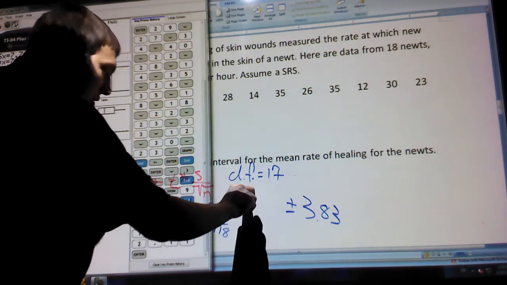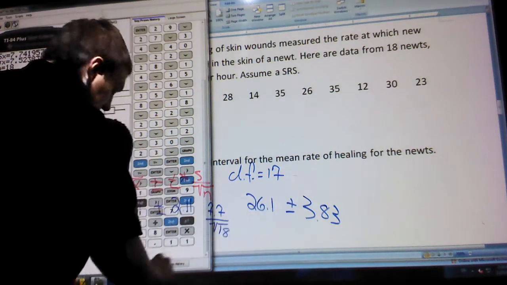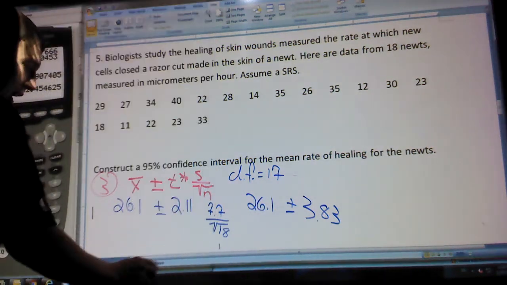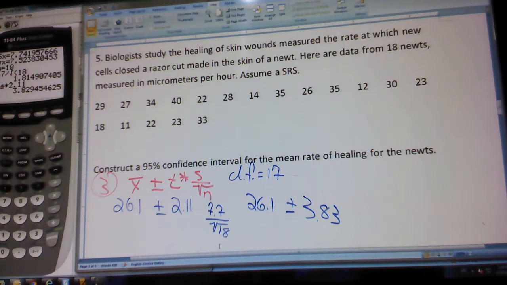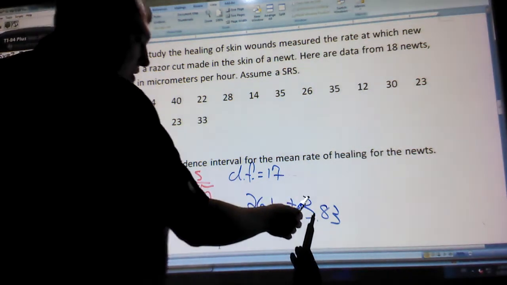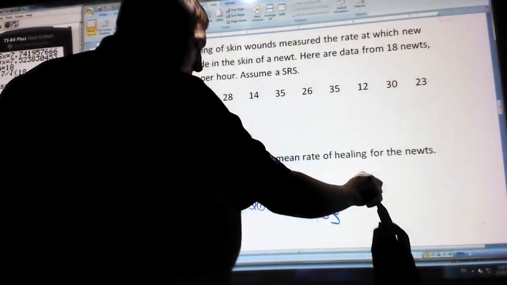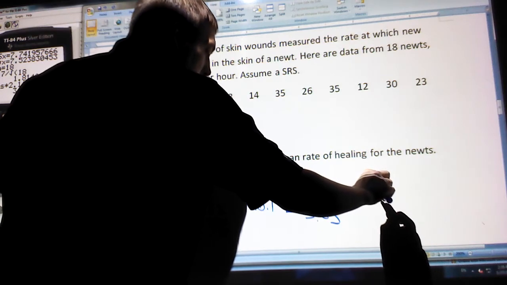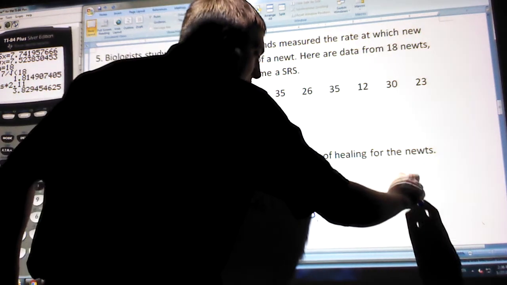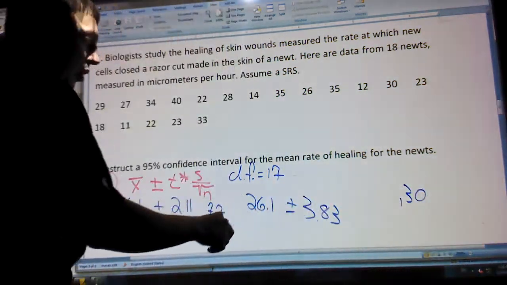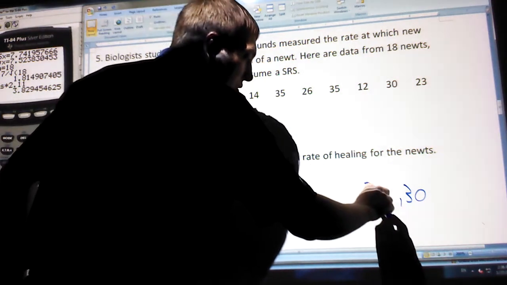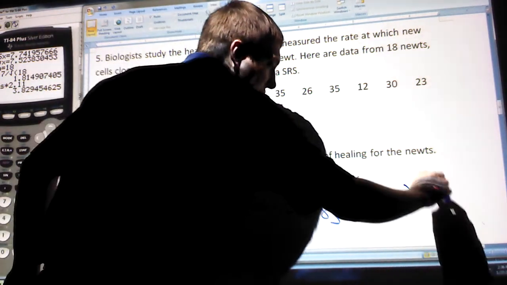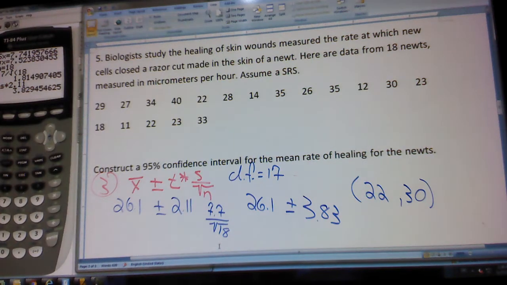And x bar is still 26.1. So my confidence interval, okay, I'm going to round to make my life easier in the video to go faster. On the high end, pretty close to 30. And on the low end, pretty close to 22. Again, I rounded severely, but it's going to make the video go quicker.